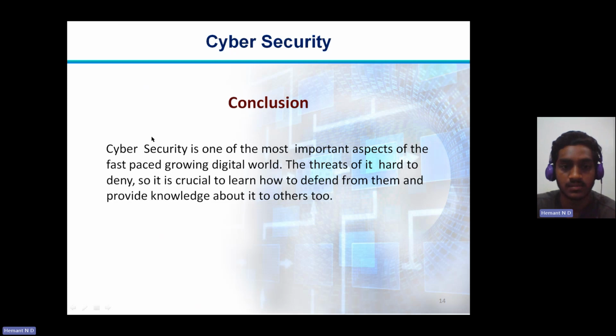Coming to the conclusion of this topic, as I told, cybersecurity is one of the most important aspects of the fast-paced growing digital world. The threats of it are hard to deny. So it's crucial to learn how to defend from them and provide knowledge about it to others too.